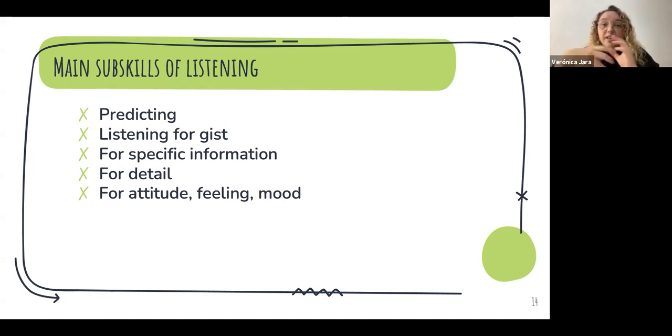And it's very important that we talk about these things with students so that they are aware of what is expected from them, so that then we can take that next step and think of what strategies are more suitable for these subskills.